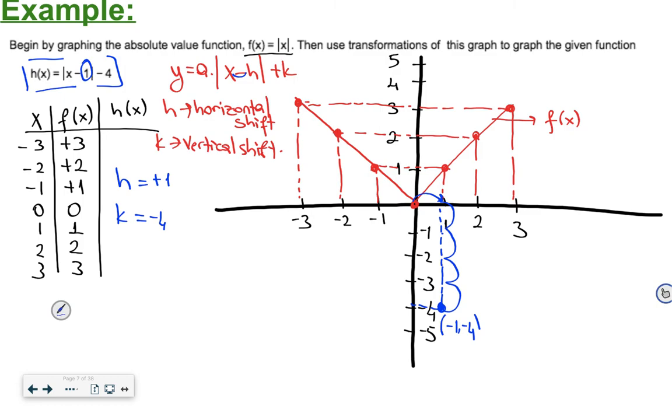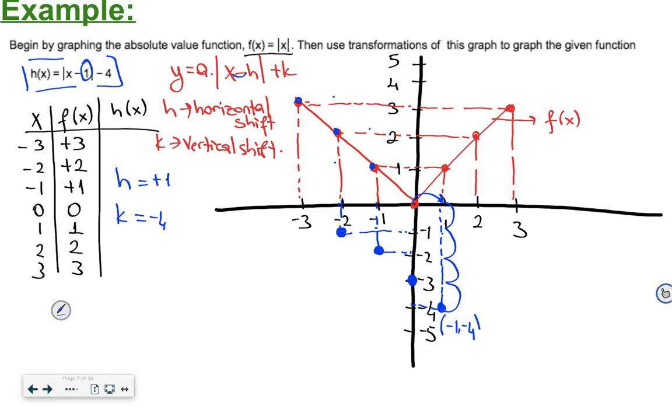So this point is going to be 1 unit right, 4 units down, 1, 2, 3, 4. Then this is going to be your new point. This point is going to move 1 unit right, 4 units down, 1, 2, 3, 4. Then it's going to be negative 1 and negative 2. This point is going to be 1 unit right, 4 units down, 1, 2, 3, 4. Then it's going to be negative 2 and negative 1.